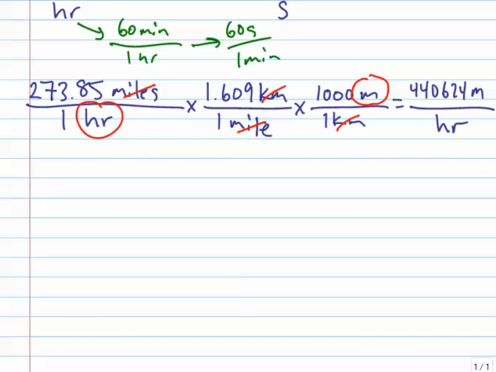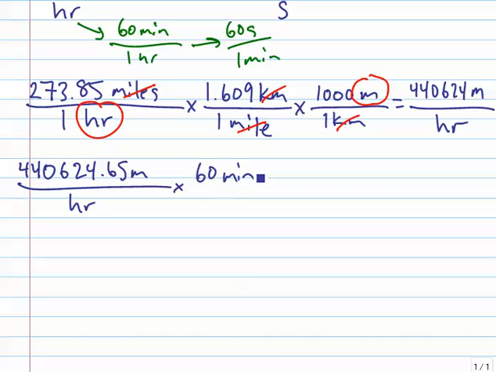time units. Okay, so I'm going to start over down here. I have 440,624.65 meters per hour. I now want to convert my time units. We have 60 minutes. Whoops, I don't write that up there.